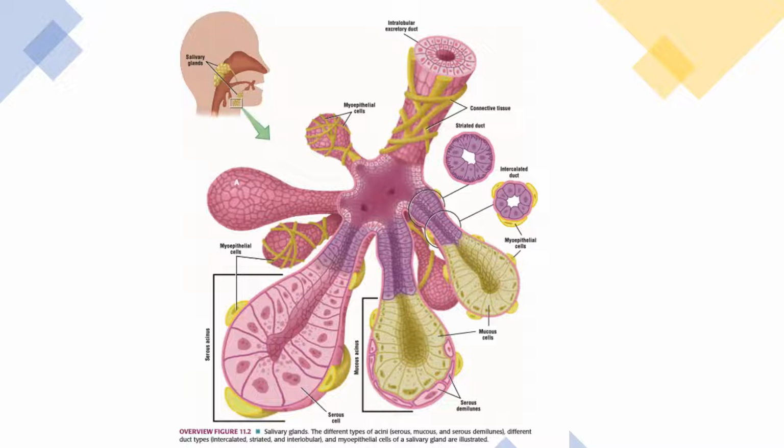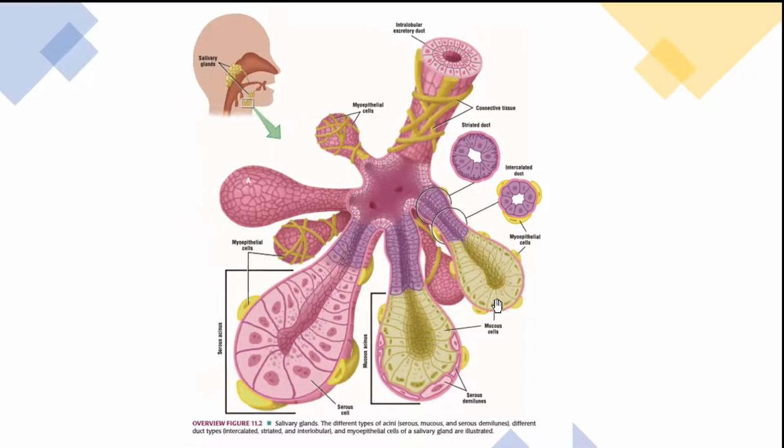It means that they have actin and myosin. And contraction of these cells can squeeze the acini and help to send the secretion to the intercalated duct. So this is the general structure which you can see for the salivary gland.